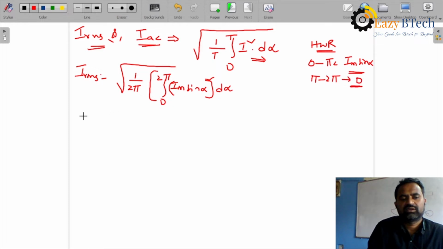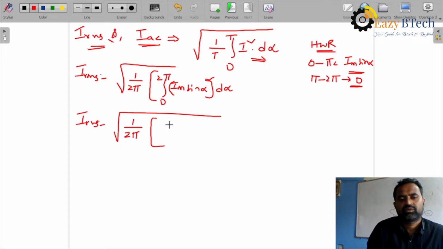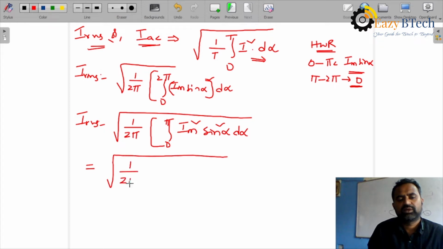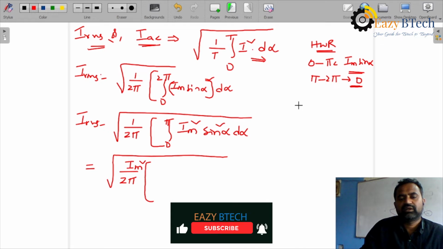Now IRMS is equal to under root 1 by 2 pi integral 0 to pi of Im square sin square alpha d alpha, plus the pi to 2 pi part which is 0. No need of writing that. Now Im is a constant, so remove it outside: Im square by 2 pi times the integral of sin square alpha.